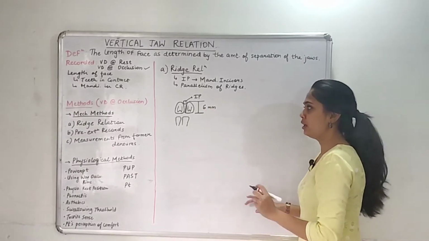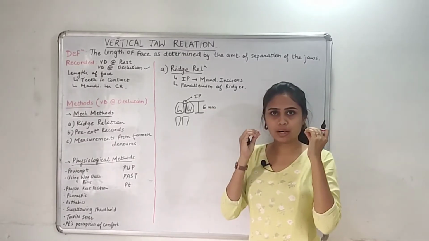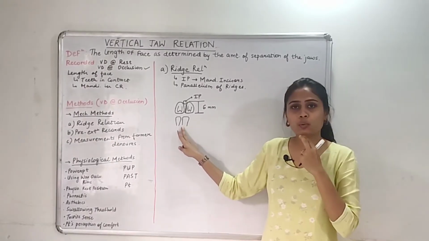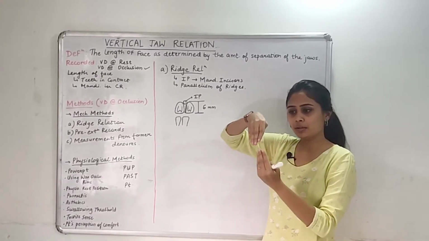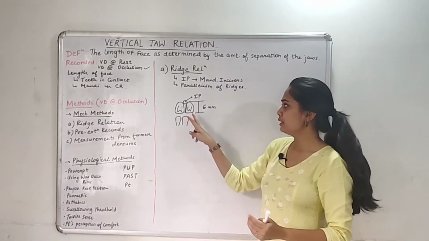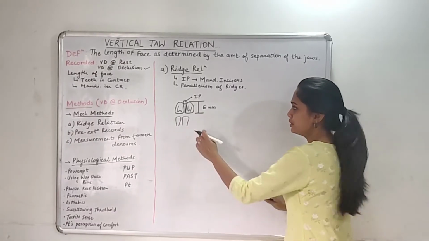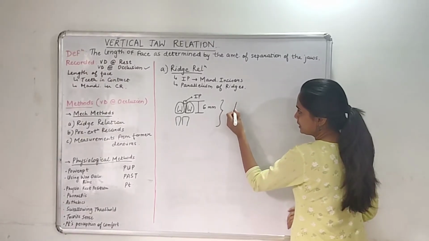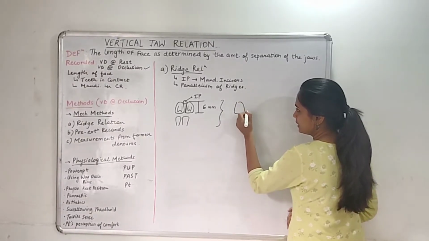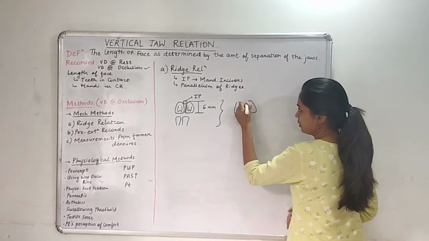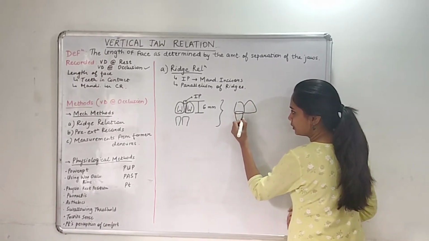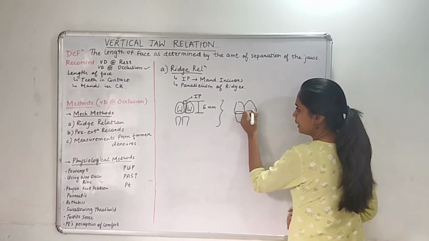Okay, but we all know that when we close our mouth and the teeth are in contact, the lower mandibular incisors will come below or overlap the maxillary incisors. So when this whole combination is in occlusion, we can see something like this. This will be our maxillary incisors, this is the lingual view from inside of the mouth, and this will be our mandibular incisors.